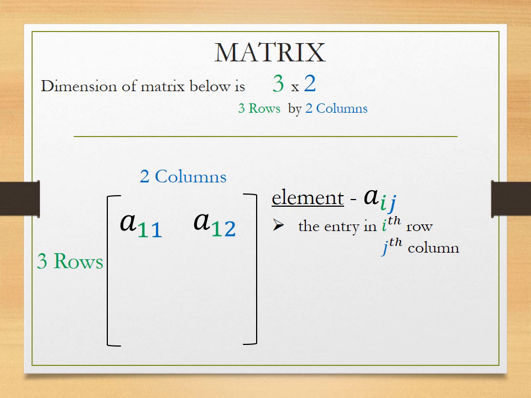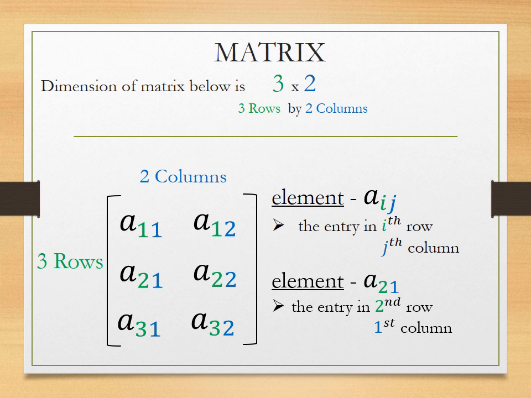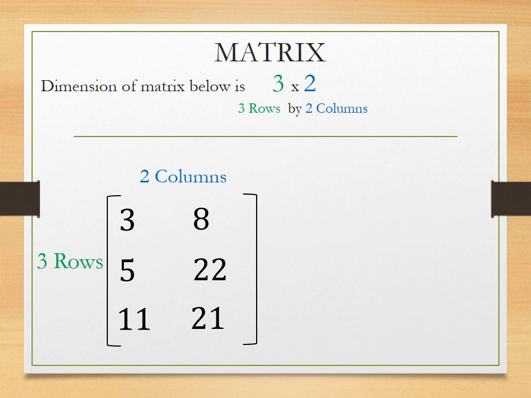A sub 1,2, first row, second column, and so forth. Second row, first column, second row, second column, third row, first column, and third row, second column. So element A21 is in the second row and first column.